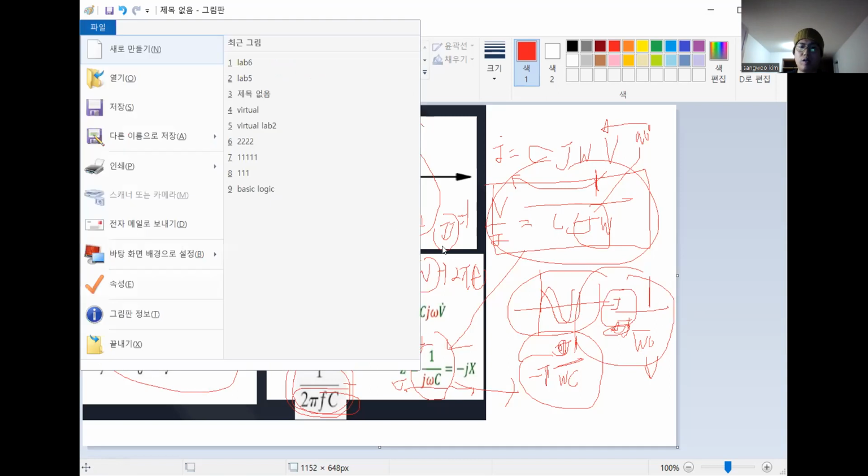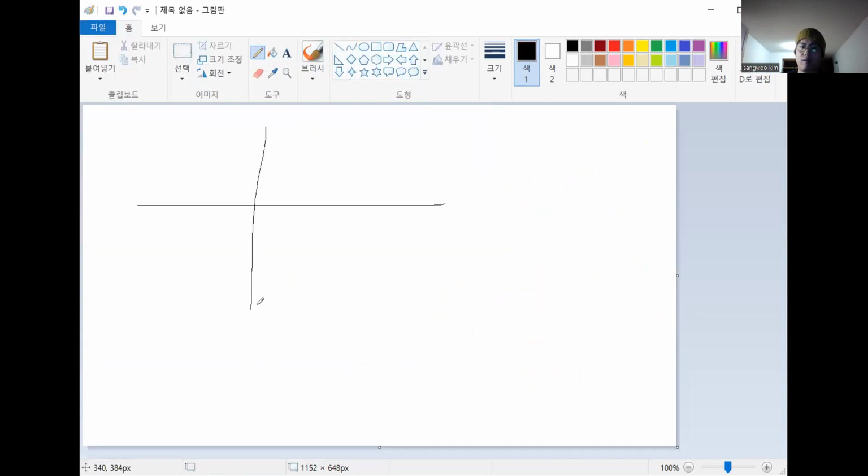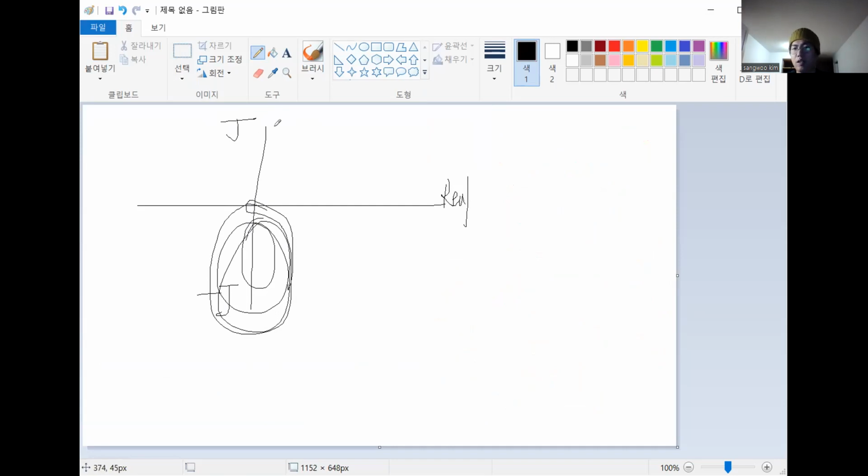As you can see, here a real number would be, but we don't have it right now. This is j and this is minus j. So what I'm saying is that capacitors have the imaginary minus j part, but inductors have j.